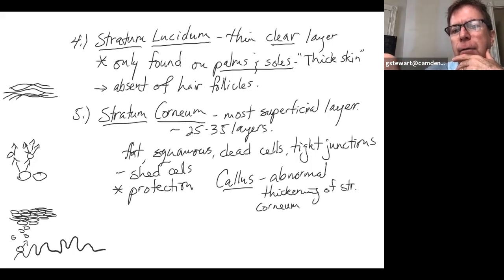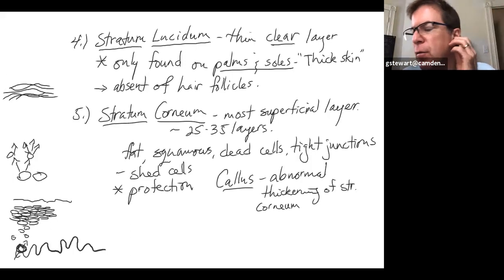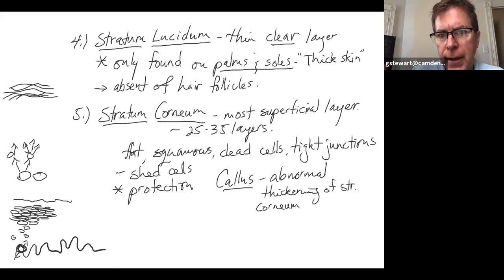And when they finally reach the top, they begin to just slough off. That whole process takes roughly a month to a month and a half. I think the estimate is 4 to 6 weeks for new cell growth to get from the stem cell all the way up to the surface.